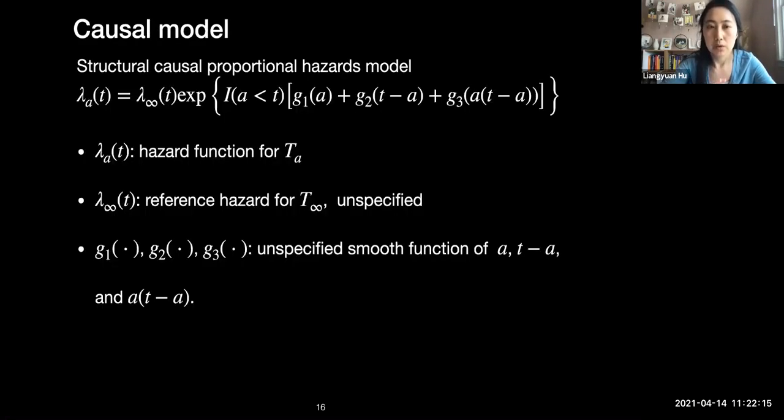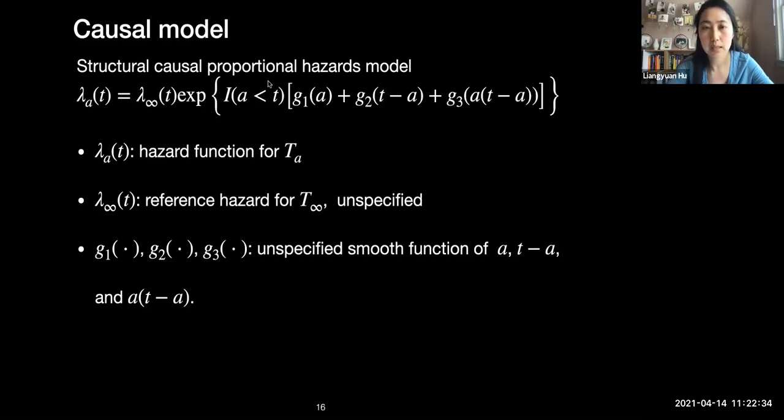Okay. And then we propose a structural causal proportional hazards model. And lambda A of T here is the hazard function for the potential death time T sub A. So patients start on the baseline reference hazard.